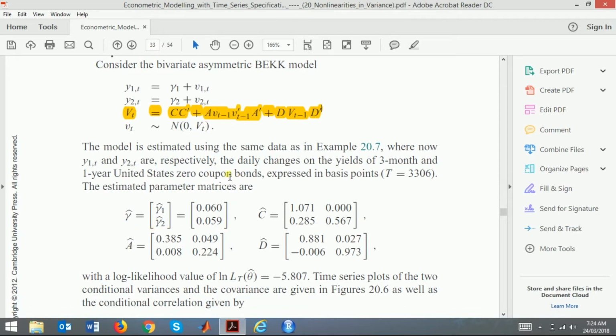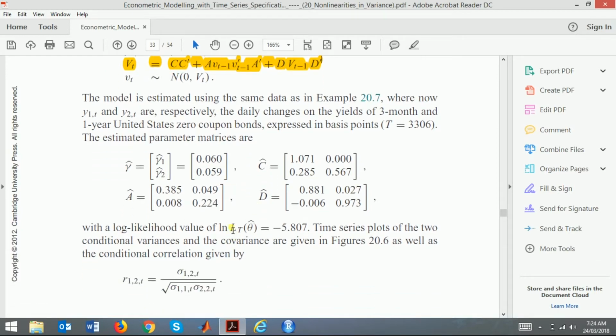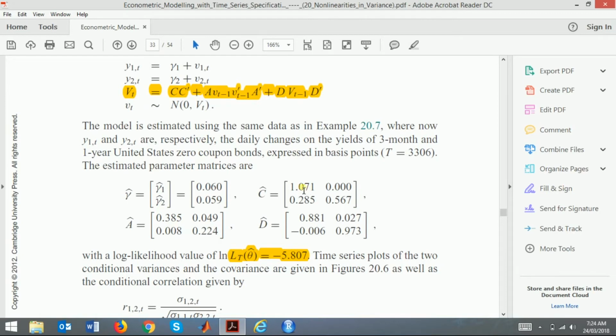So gamma, and the log likelihood value. Okay, so the log likelihood function. When we estimate these parameters with the given information, the estimated parameter matrices are the results, given the data.